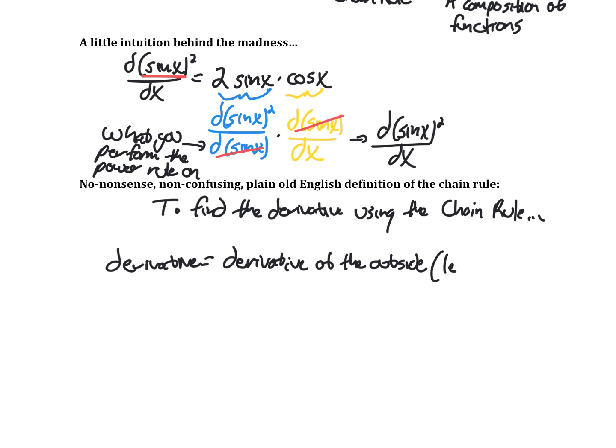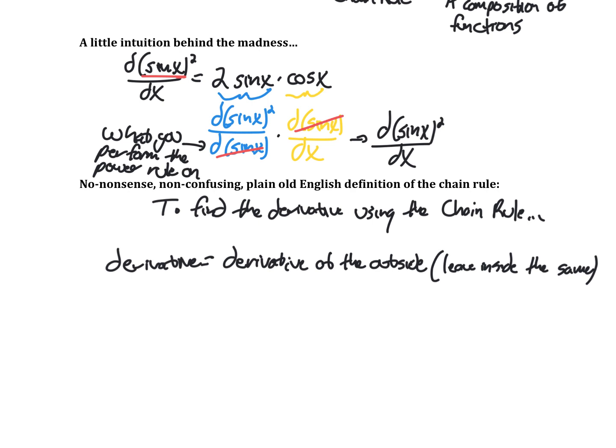We're going to leave the inside the same. So the derivative of the outside, that's basically me taking the derivative of the sine of x squared, doing the 2 sine of x. So derivative of the outside, 2 sine of x, where I left the inside the same.